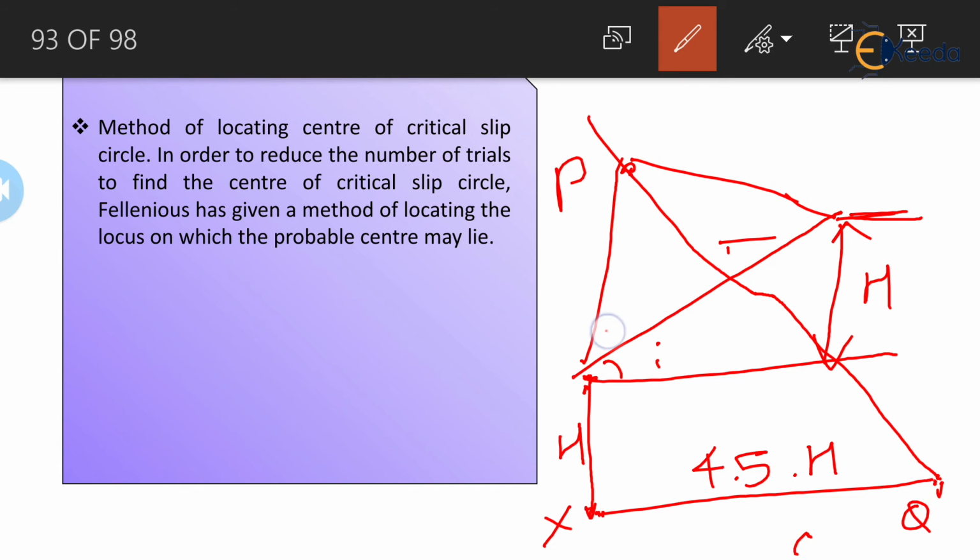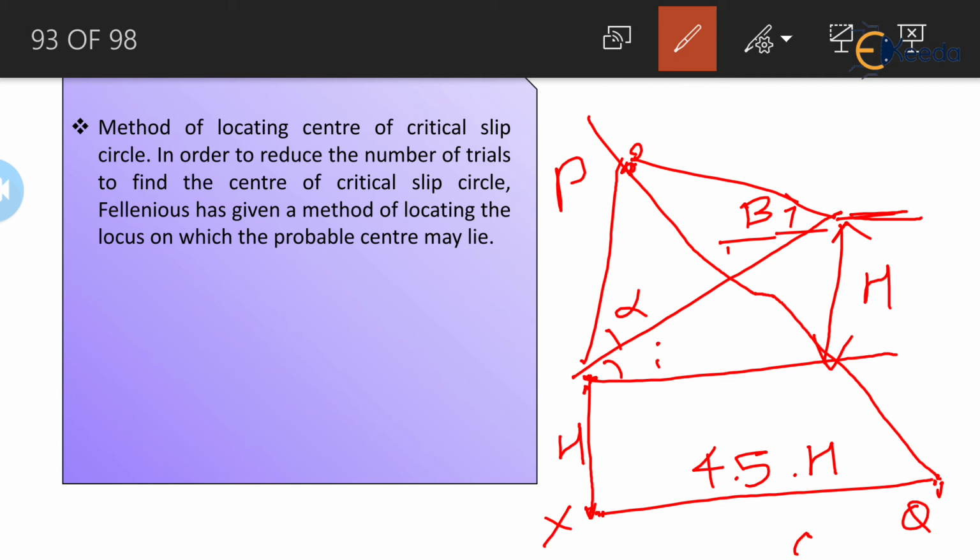Using these directional angles, we can plot point P. Once P is plotted, we join P and Q, and P is then the center of a slip circle.